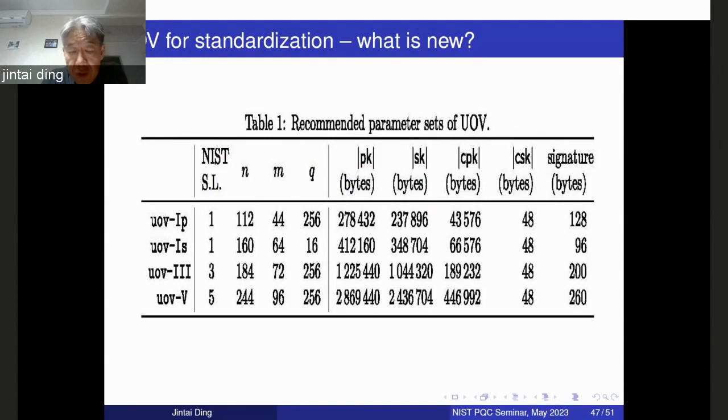The second version is q equal to 16, a field of half a byte size, with m equal to 64 and n equal to 160. The public key and secret key sizes are given in tens of kilobytes, and the signatures are 128 bytes and 96 bytes. This is the basic description of level 1.